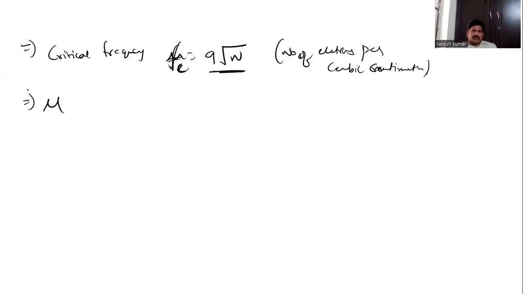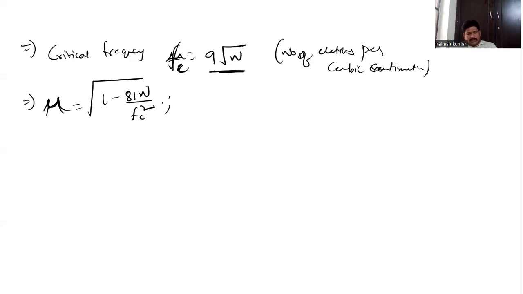Similarly, another formula for refractive index mu is equal to root of 1 minus 81 n by F square, or 1 minus 81 n by F square.